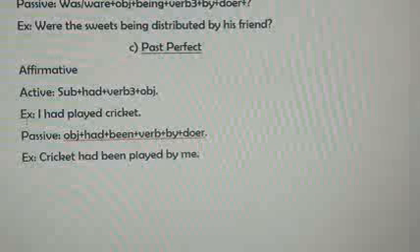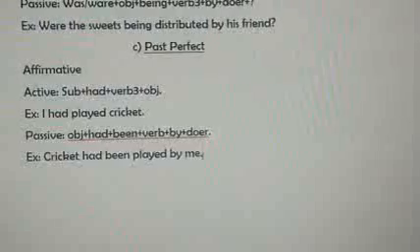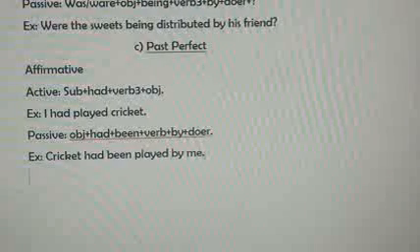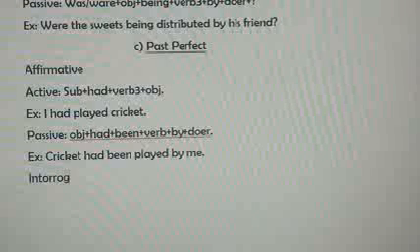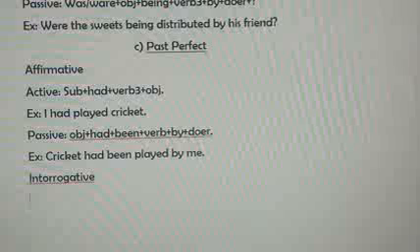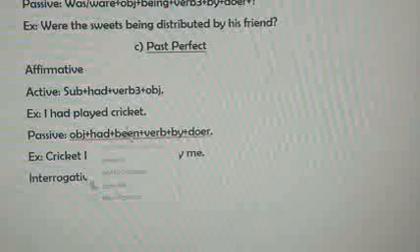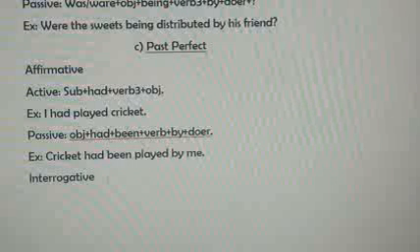Okay. Now, my dear children, let me take you to the next group, none other than interrogative. Interrogative group. Okay. For an interrogative group, once again, I will write the active voice structure first of all, and then I will give you the example.